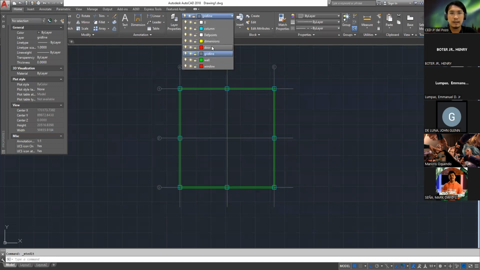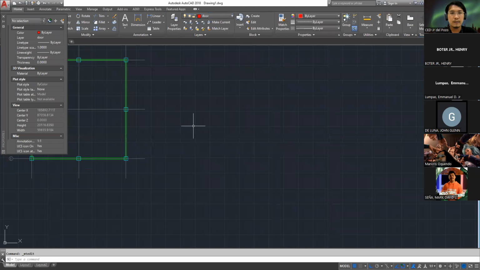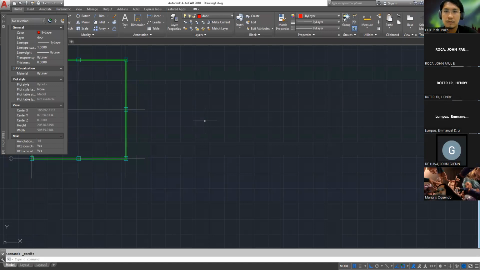Next, ang gagawin na natin is the doors. Sino na nakikita ng itsura ng doors sa floor plan? At ano ang kanyang itsura? Para po siyang naka-angle na something. Naka-angle? What do you mean?